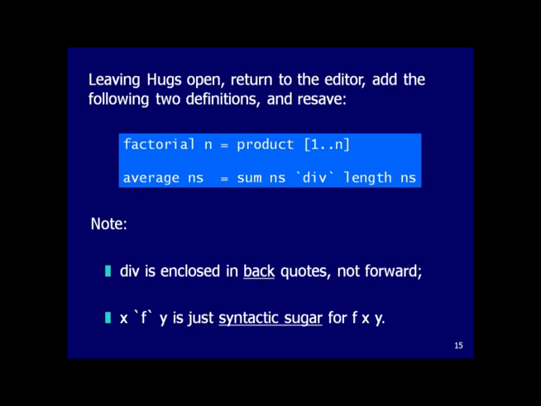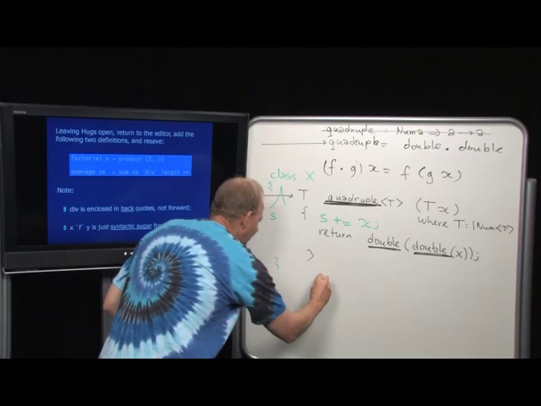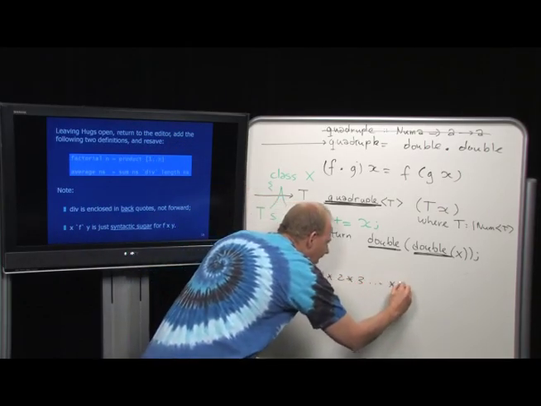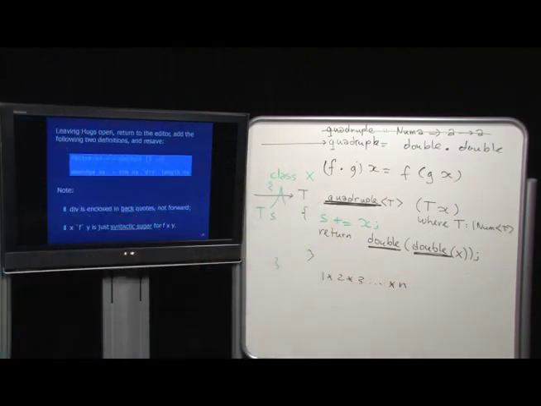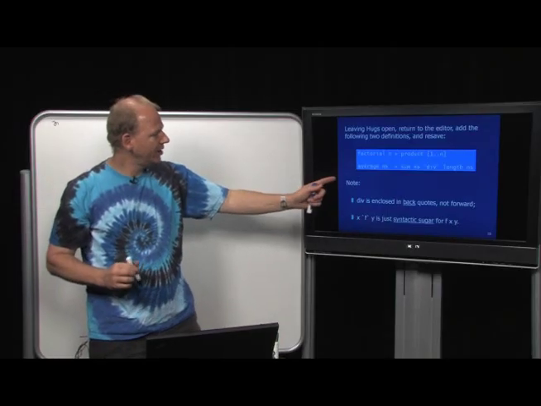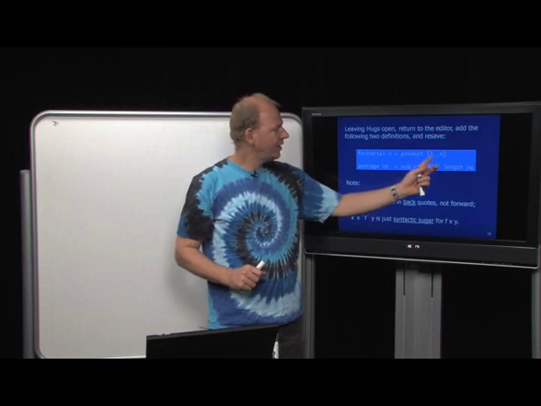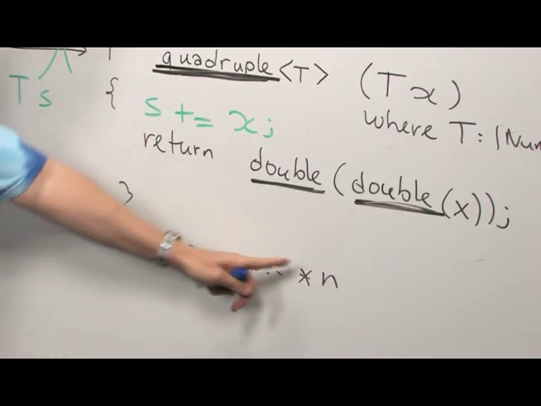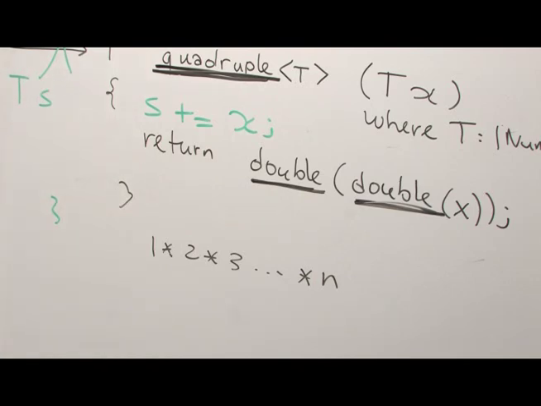So first you say, what is factorial? Well, really, it's like 1 times 2 times 3 times up to n. So this is the kind of thing that I want to do. How do I get there? Well, I first create a list of the numbers 1 to n, and then I just multiply them. That's exactly what you write here.